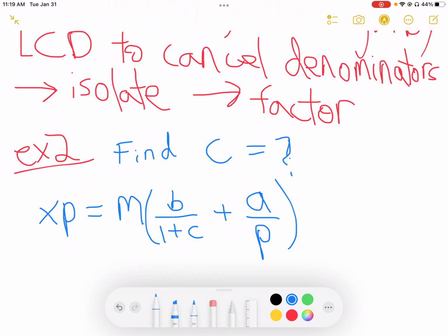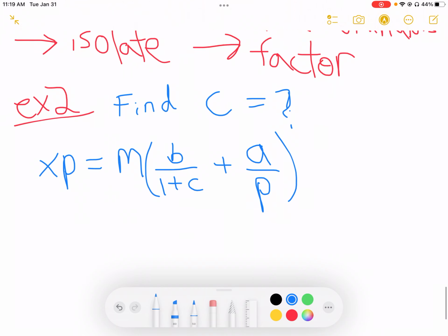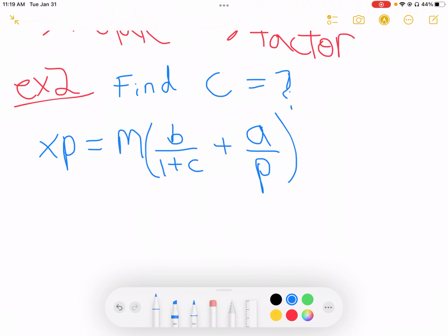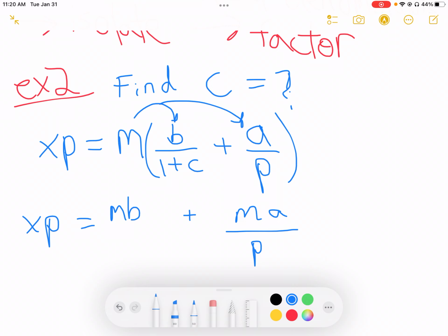So we can certainly multiply through first. It actually doesn't make that much of a difference, but let's go ahead and distribute. I'm going to multiply my M by that guy, then by that guy. It's not going to change what my equation looks like very much. It's just going to be XP equals MB plus MA, and this is over P, and this is over 1 plus C. All right, so I want to multiply through by the LCD.